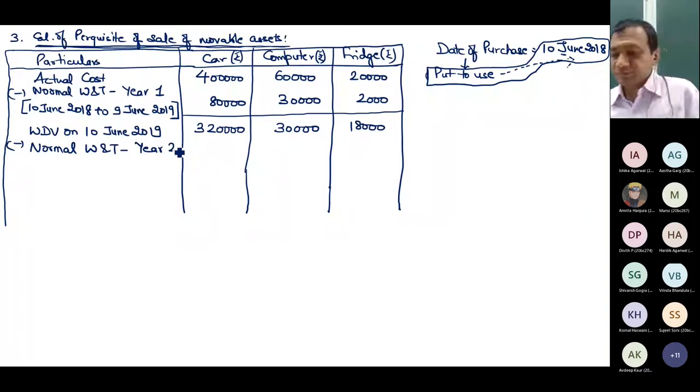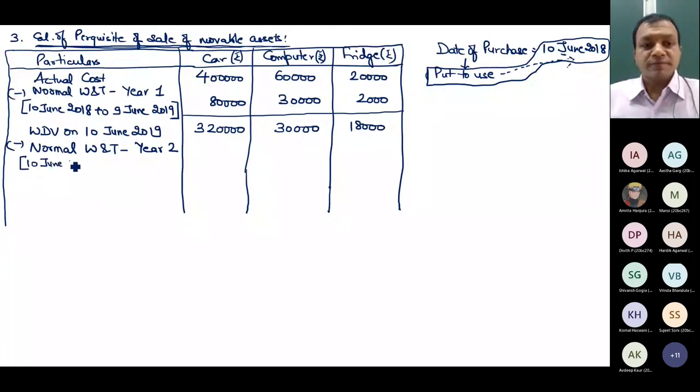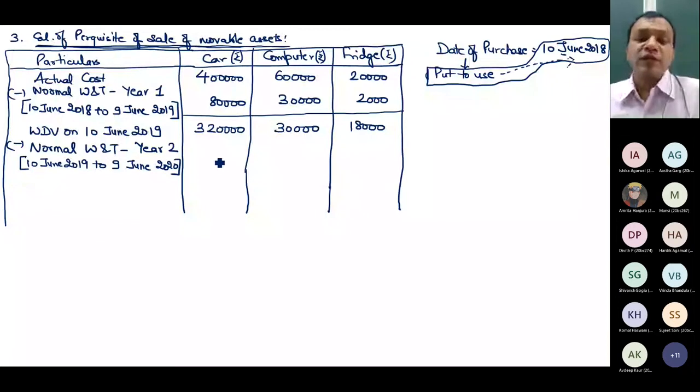Year 2. Now next year. So next year normal wear and tear date will be 10th June 19 till 9th June 20. 20% on value. So 20% of 3 lakh 20.